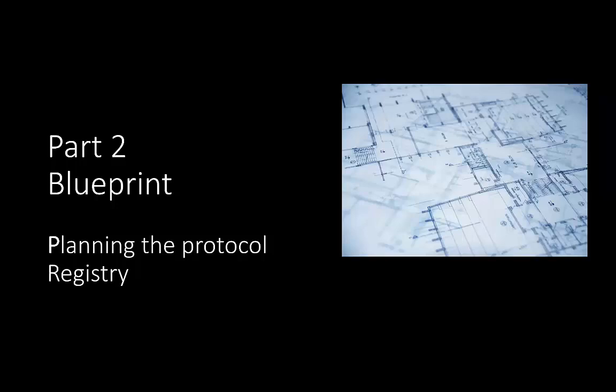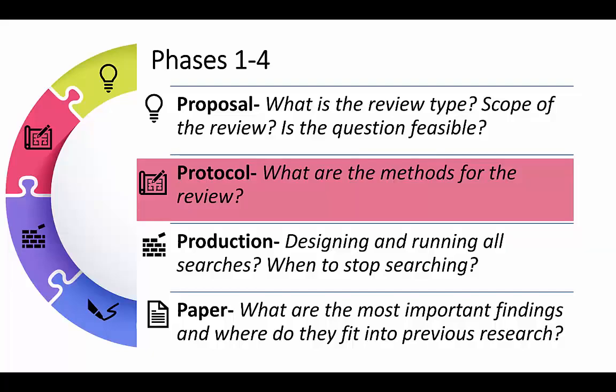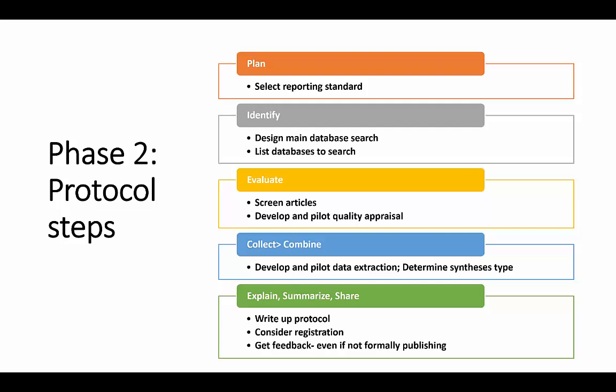So in the next part, this is where you're starting to figure out what the methods are going to be. We're happy with this question, we think it's going to be feasible, so let's figure out this next part. At the protocol stage, you're talking about what our reporting standard is, whether we should register, starting to design that first search, and thinking about what databases should be searched. In some of the protocol registries, they don't ask for a lot on the search.